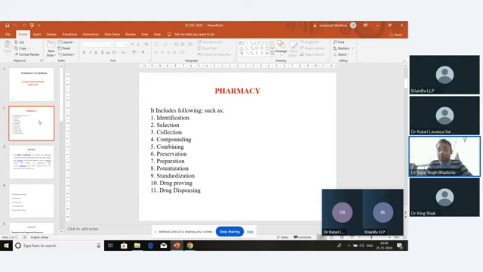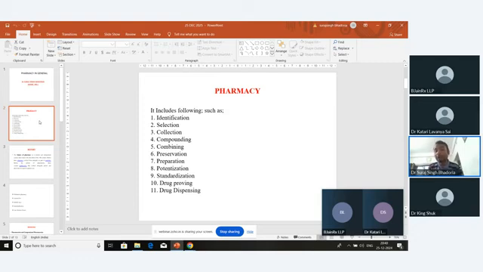Okay, so first, what is identification? Suppose when you go to the market for purchasing some materials or food items, first you are going to identify those particular items or substances.